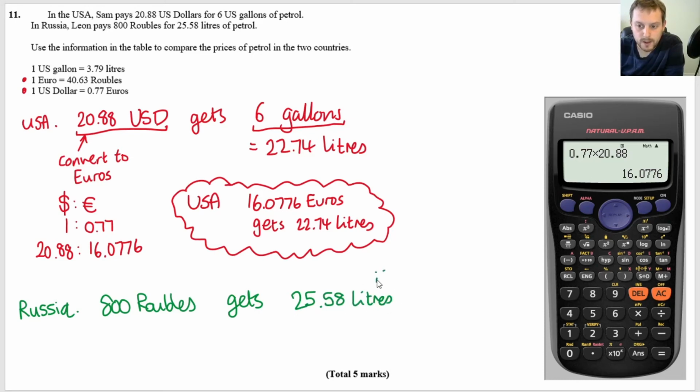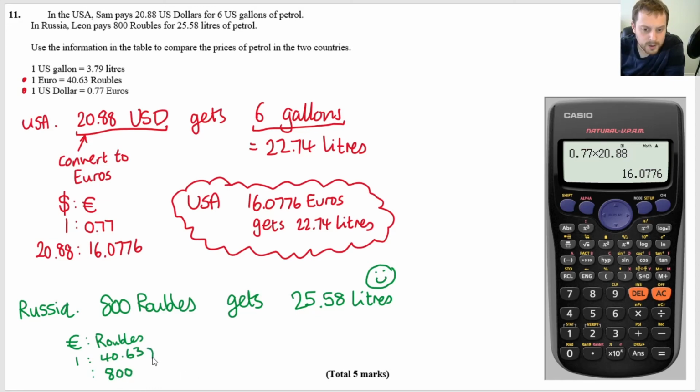So that's actually already in litres, so we're quite happy about that, right? But the 800 rubles, we need to convert that into euros. So we've got euros to, I don't know what the symbol for rubles is, so I'm going to write rubles. So we've got 1 euro is 40.63 rubles, and I want to know how many euros 800 rubles is.